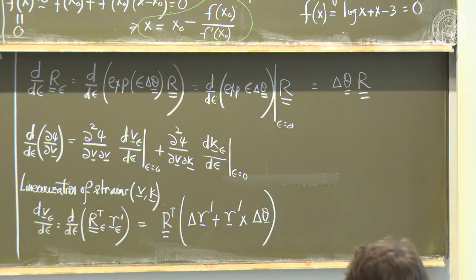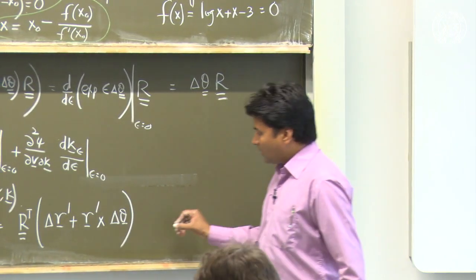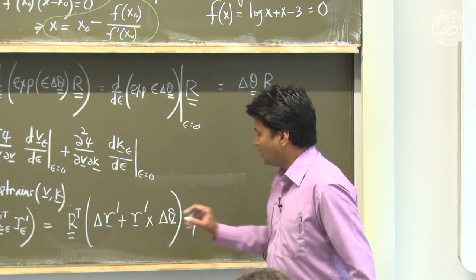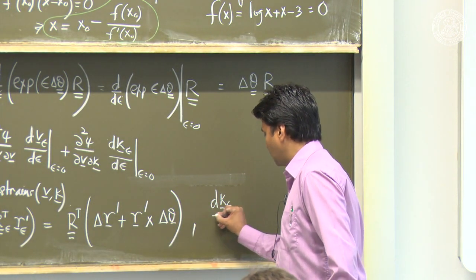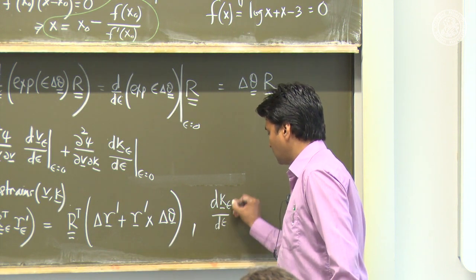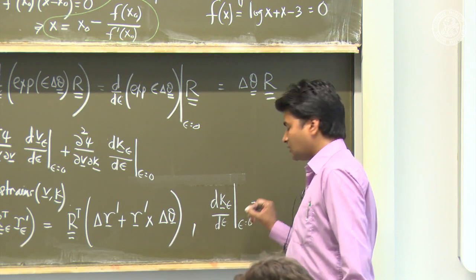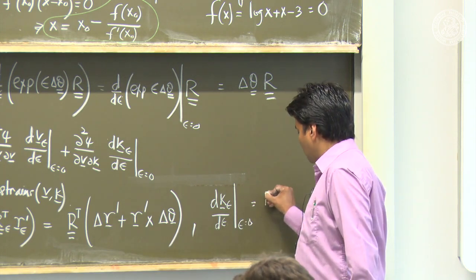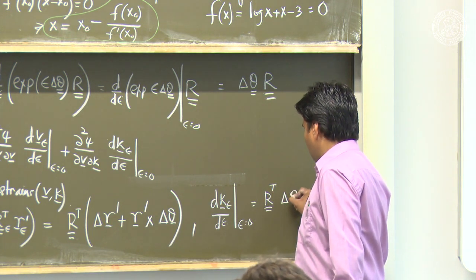Okay, you just have to go back and you can see these steps involved. And similarly, for your curvature k, dk epsilon over d epsilon at epsilon equal to 0, that is equal to big R transpose times delta theta prime.